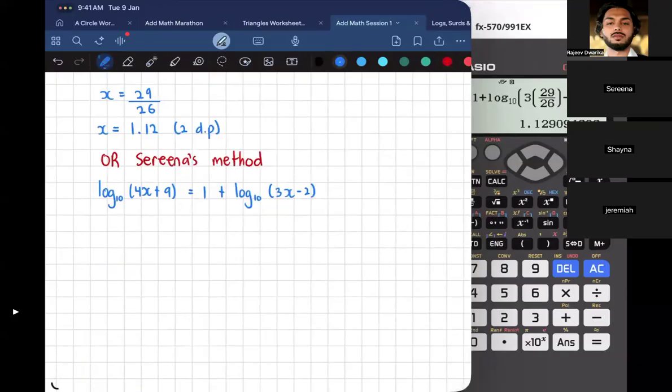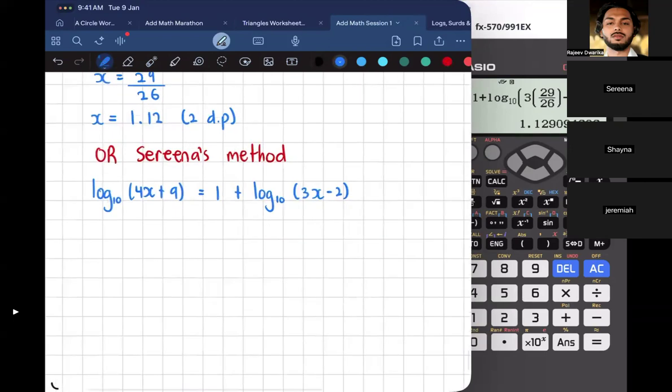Yeah, so Serena, explain your method. Okay, so what I did was I shifted the log base 10 of 3x minus 2 across the equal sign, and because I shifted it, the positive sign would now be negative. Right? That's 100% valid. You probably did this to make it look like more familiar equations.